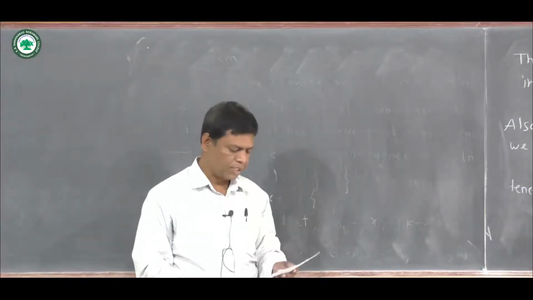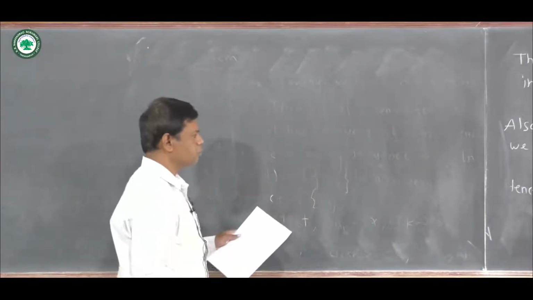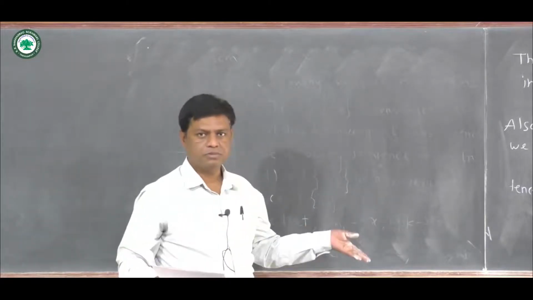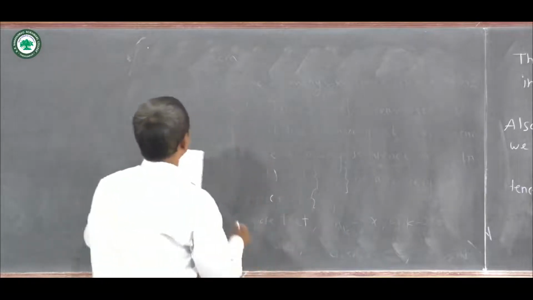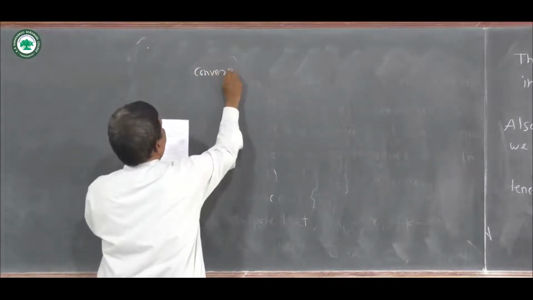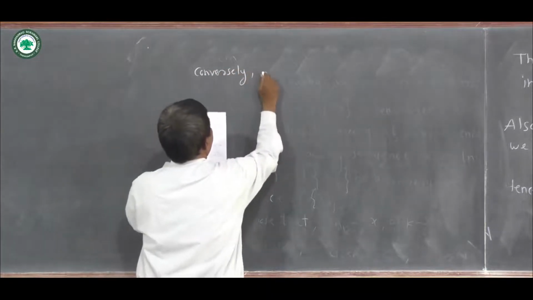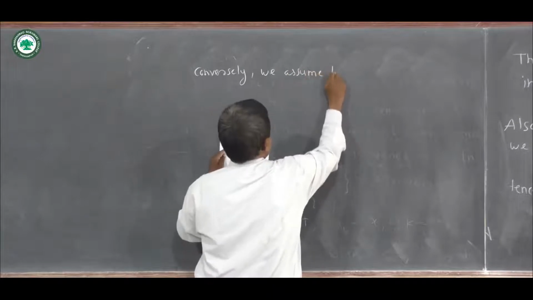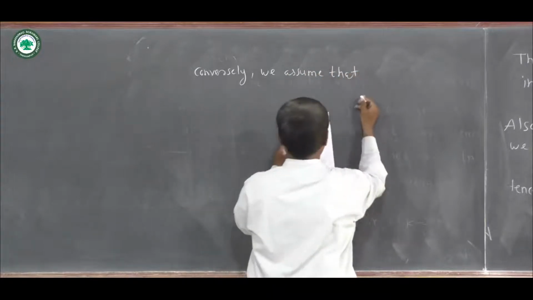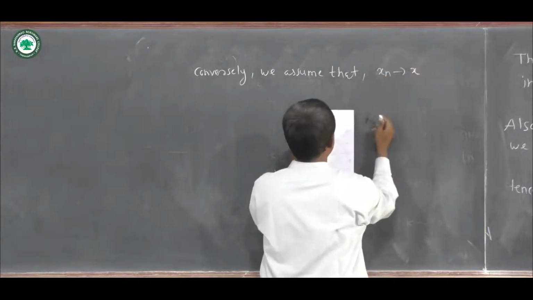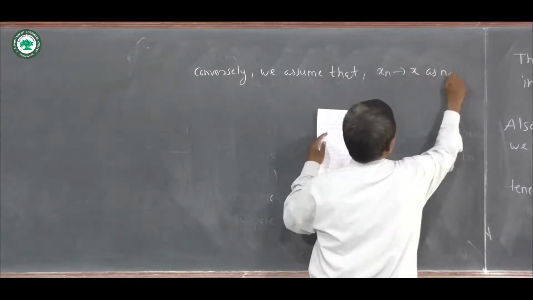Now to prove the converse part, we are going to use the same proof which we have studied earlier for the converse part. So conversely, we assume that the sequence x_n converges to x as n tends to infinity.